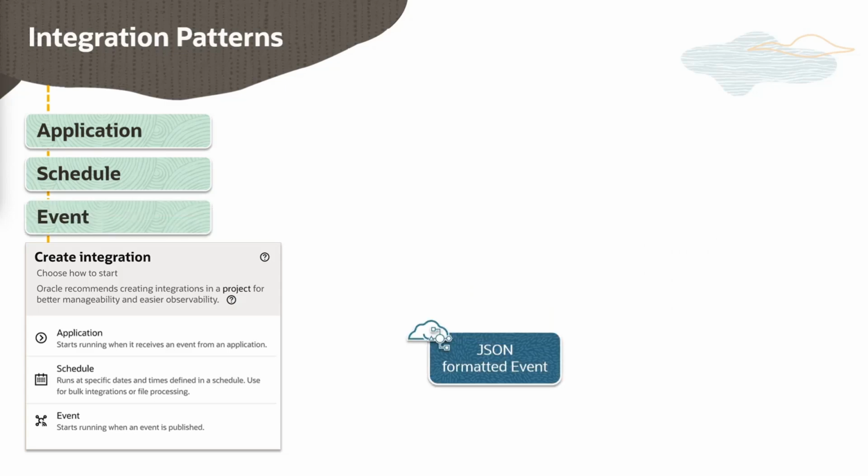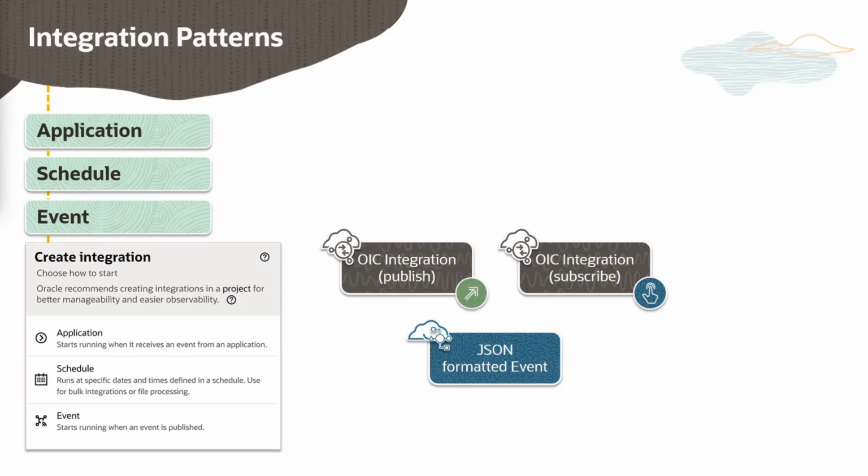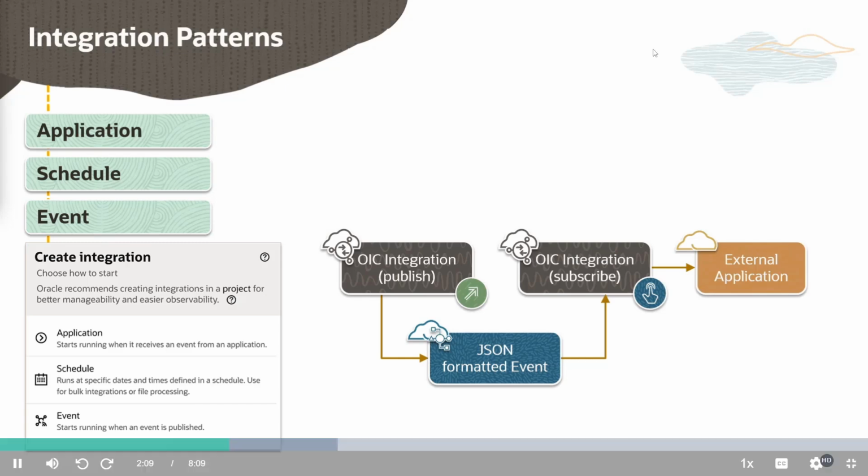Finally, the event pattern allows you to decouple integration logic by having your integration subscribe to an event. So now your subscribe integration will be triggered when that event is published by some other local OIC integration. You simply define these events in advance in JSON formatted files.